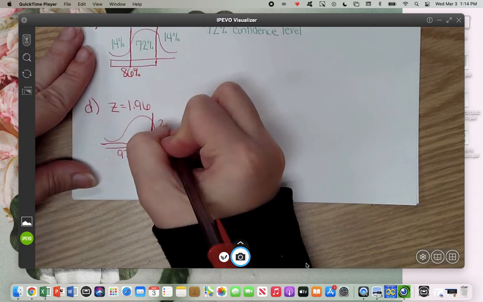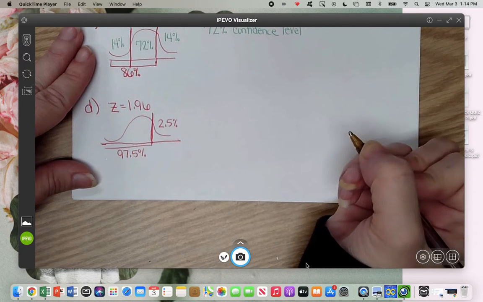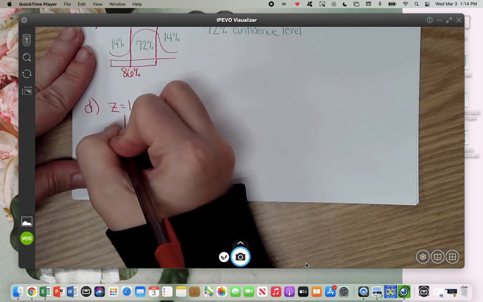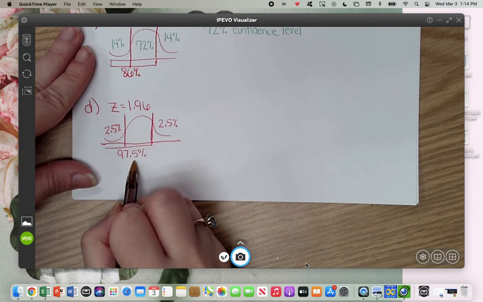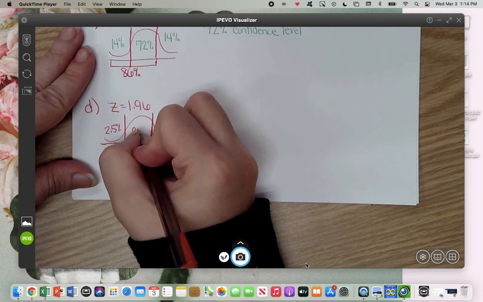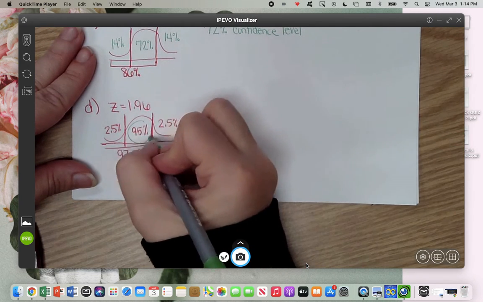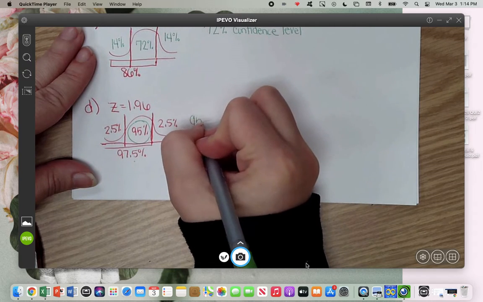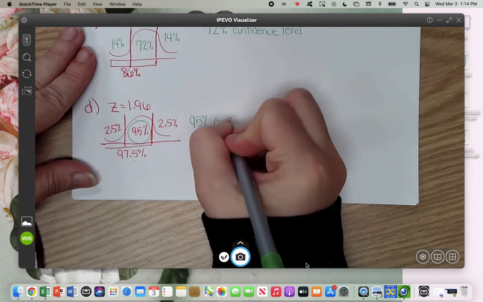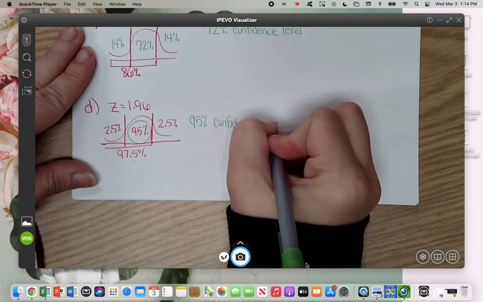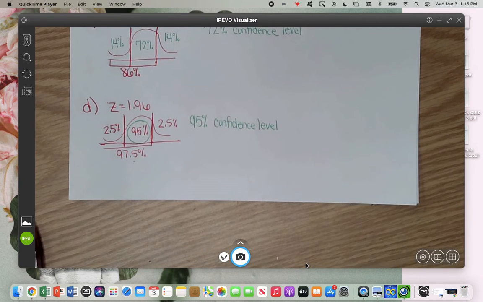So here, this is 2.5 to complete your 100. That means there's a matching 2.5 here. 97.5 minus 2.5 gives you a perfect 95% confidence level. So that middle percentage is what we will have.